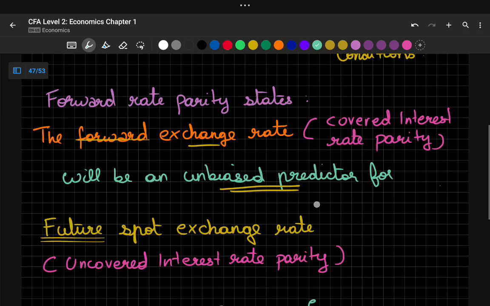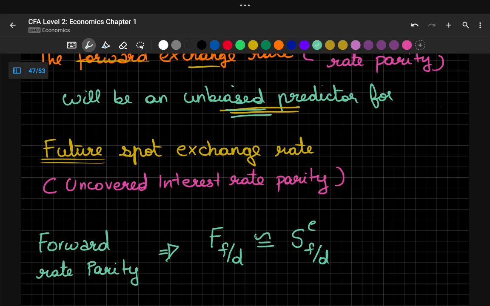So that's why we have used the word unbiased predictor, because it is not actually exactly equal, it is just hovering around.